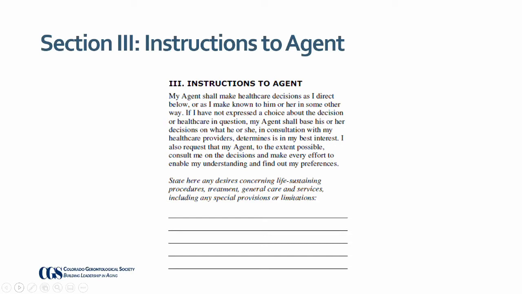I recommend that you also attend that webinar, as it's another tool for you to be able to document your desires, your preferences when it comes to life sustaining procedures. So, a perfect example for this area would be for individuals that do not want blood transfusions. This is a perfect area where you would indicate that due to your religious beliefs, you do not want to have any type of blood transfusion. So this is where you would note it.